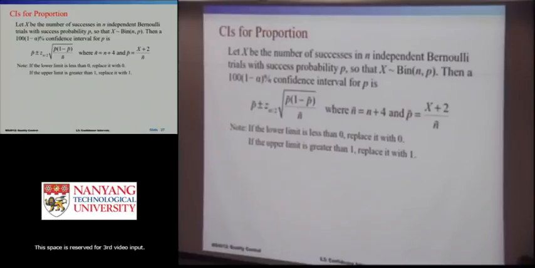For one population, this is x plus 2 divided by n wiggle, and n wiggle equals n plus 4. This set of formulas doesn't have a solid mathematical basis. This is just based on experience. That's the reason somehow you can get the lower limit less than 0. In reality, can we get a probability less than 0?